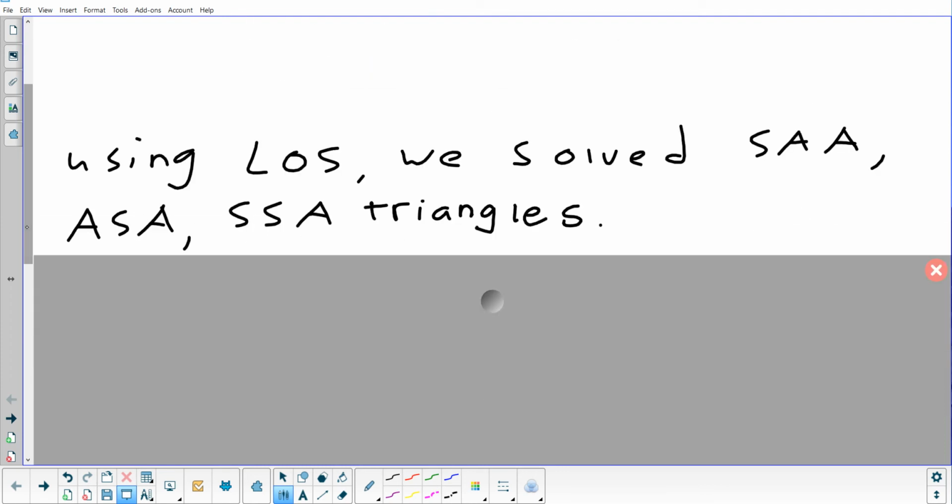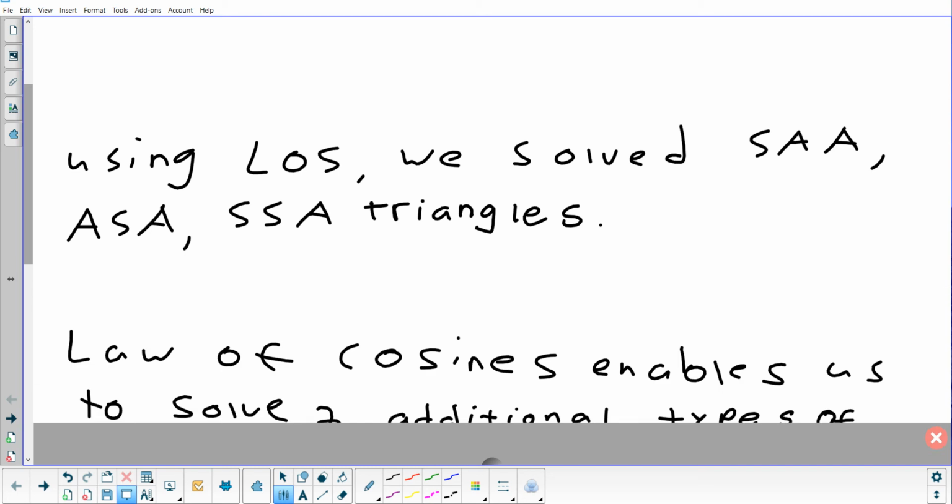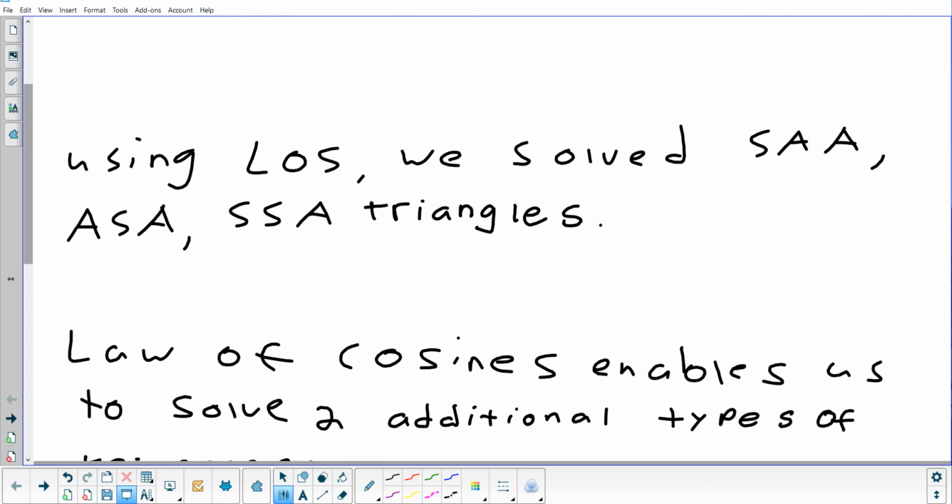All right, so I gave you guys a little chart earlier. We were going over the homework, and I pretty much summarized what you can use law of sines for and what we're going to use law of cosines for. So law of sines is used for angle, angle, side, angle, side, angle, side, and side, side, angle.